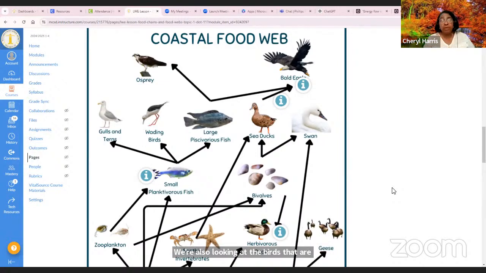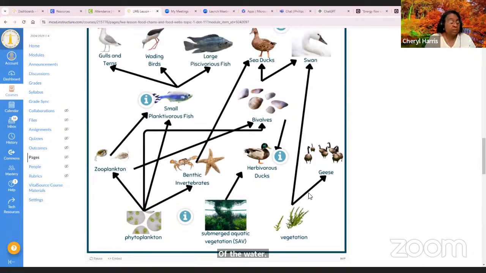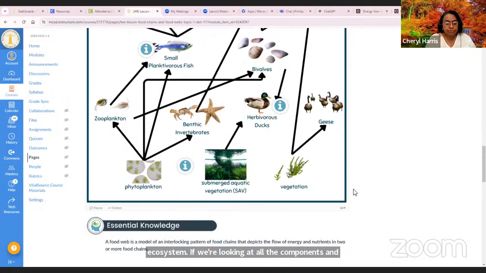We're looking at some of the shrubbery that might be along the coast of the water. All of that has to be considered in an ecosystem if we're looking at all the components and all the feeding relationships. All right, so they're calling this an interlocking pattern of food chains that depicts the flow of energy and nutrients in two or more food chains.